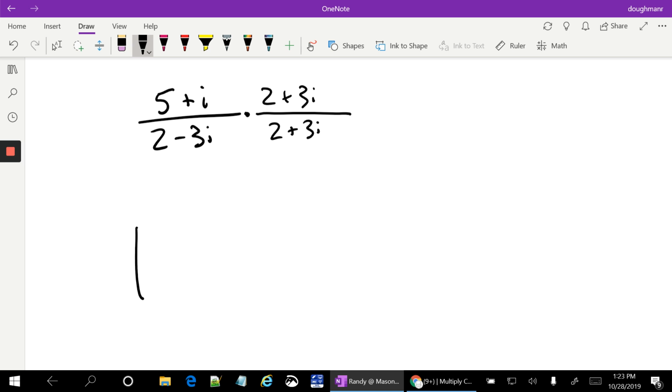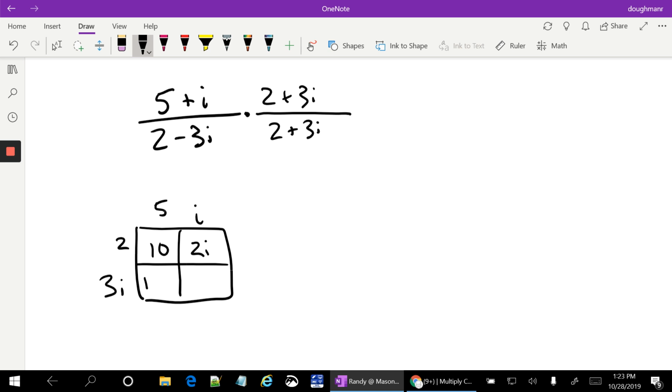So the numerator is now 5 plus i times 2 plus 3i, so 10, 2i, 15i, and 3i squared, or a negative 3. So this becomes 10 plus negative 3, which is 7, plus 15i and 2i, 17i. So I know that's my numerator, 7 plus 17i.